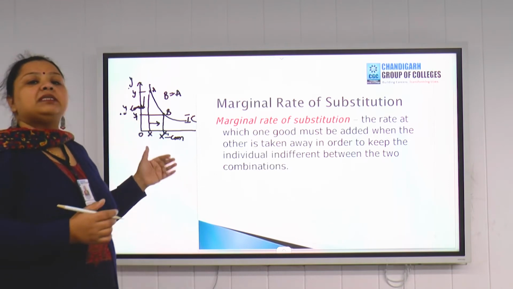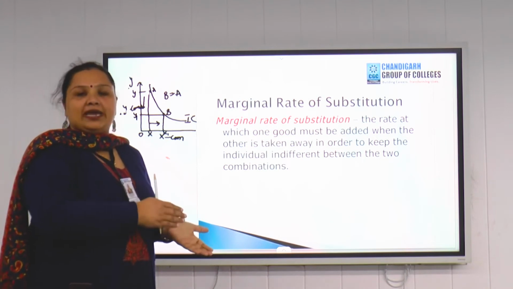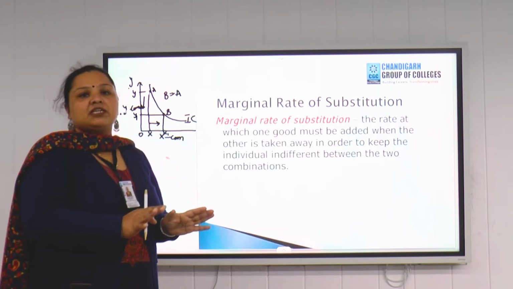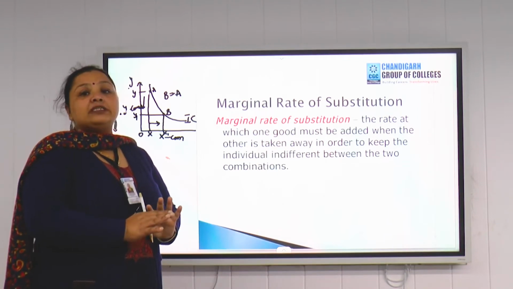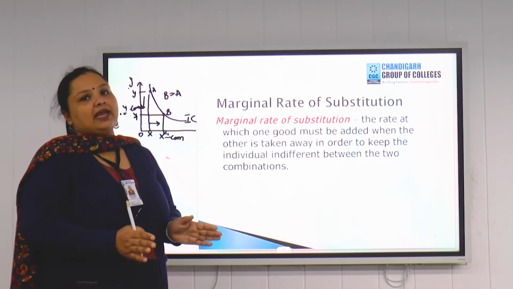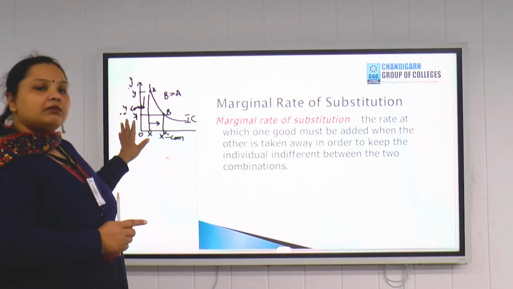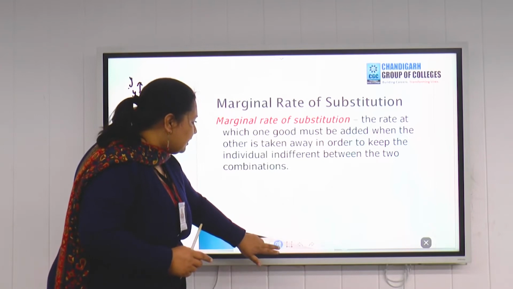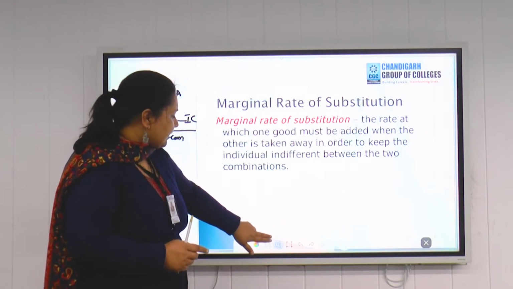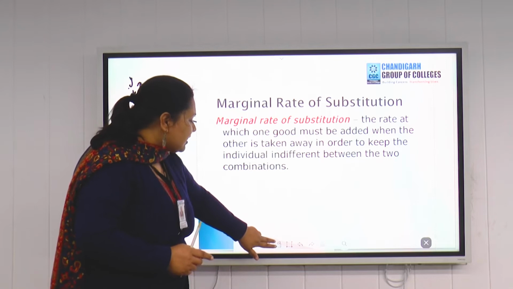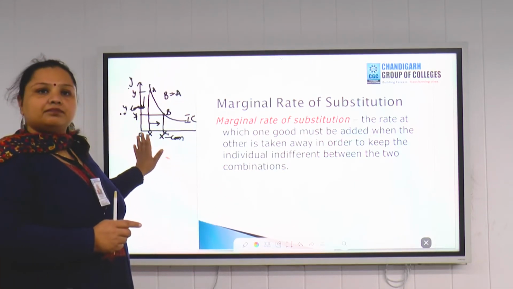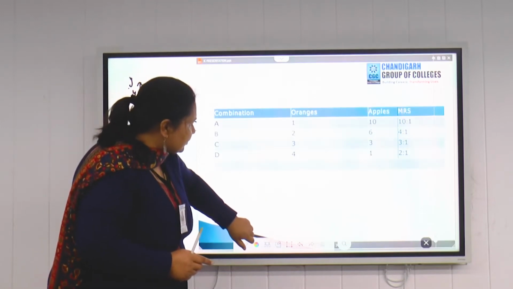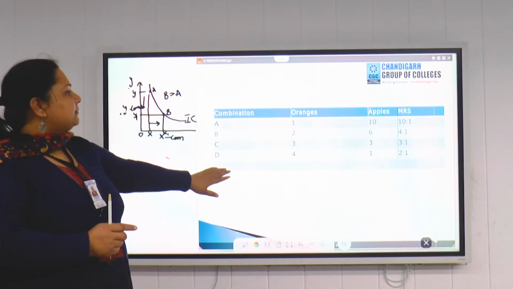Consumer is indifferent means he is not giving preference to combination A over B or B over A. He has the same satisfaction from A and B, so he is indifferent. He is not giving any preference to any one combination. So it means indifference curve represents the same level of satisfaction.